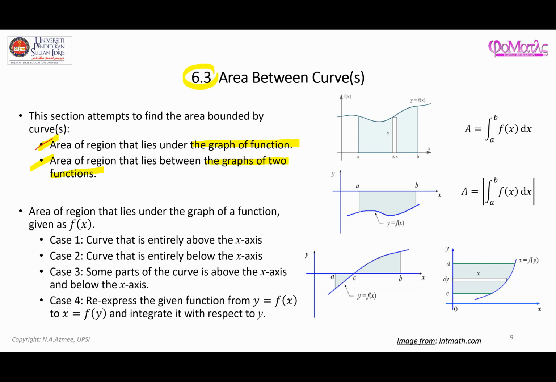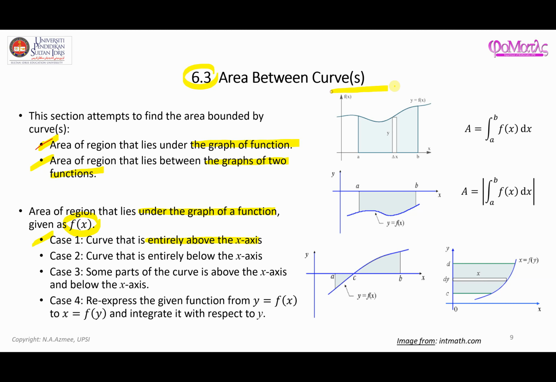Okay, so in this video, what you'll be looking at is the area of region that lies under the graph of a function. So the function is given as f(x). So basically there are four different cases that you will see in this part. So the first case is when you have the curve that is entirely above the x-axis.